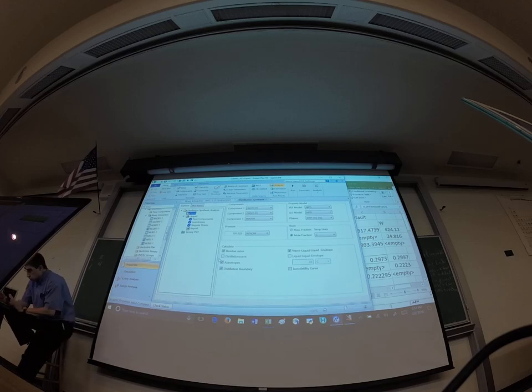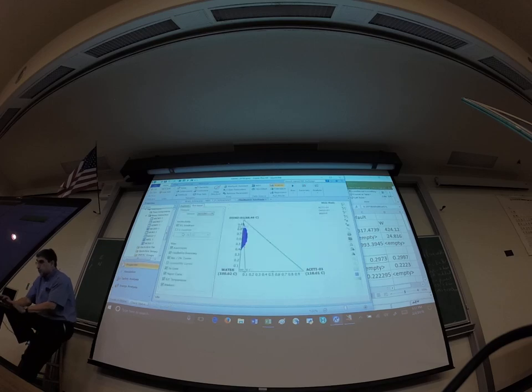Okay, let me show you a plot first. Okay, so click ternary plot. You have to be patient. All right.